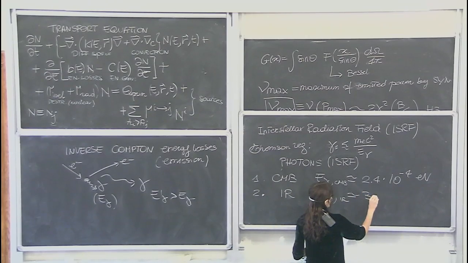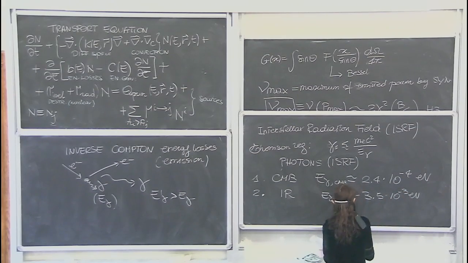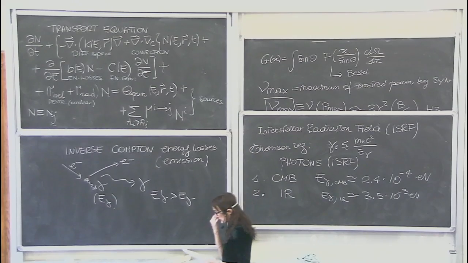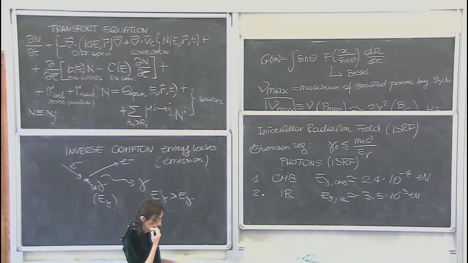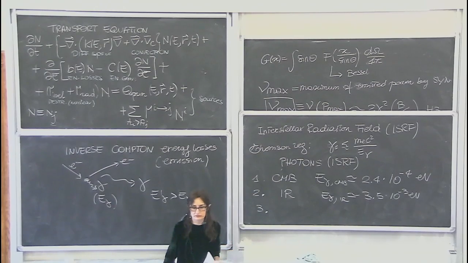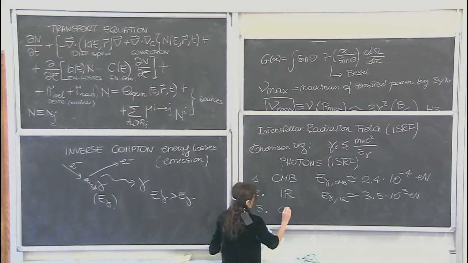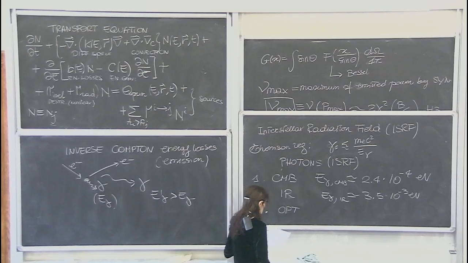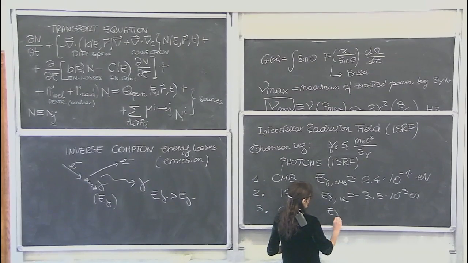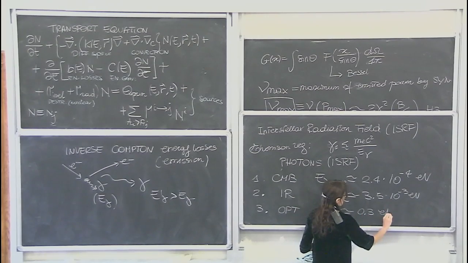It is 3 point something times 10 to the minus 3 electron volts. And then we have surely another relevant population of photons, which is the optical. You see stars in the sky, and they emit, and the average energy is some 0.3 electron volt.